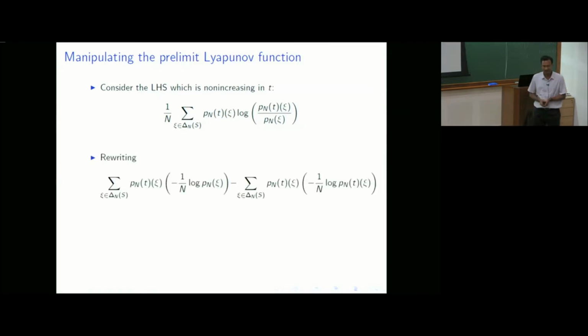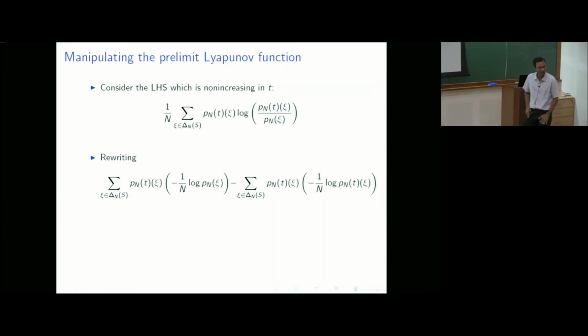Let's rewrite this in this way so that we are ready to use large deviations. Here is the expectation, and then I pull the 1 over n in and write log of 1 over P_n as minus 1 over n log P_n of xi. So that's this term, and then there is the second term corresponding to the numerator here.